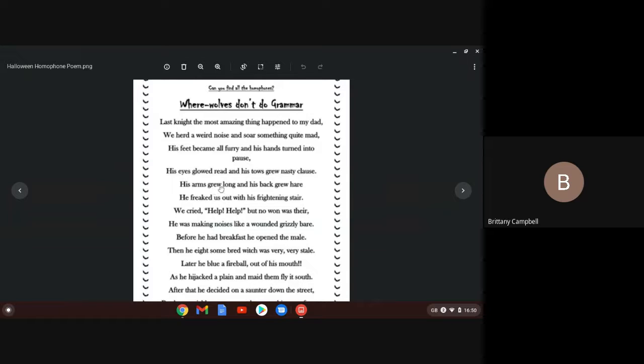His arms grew long and his back grew hair. HAIR. This is rather tricky, isn't it? He freaked us out with his frightening stare, STARE. We cried, help, help, but no one, ONE, was there, THERE. It was making noises like a wounded grizzly bear, BEAR.